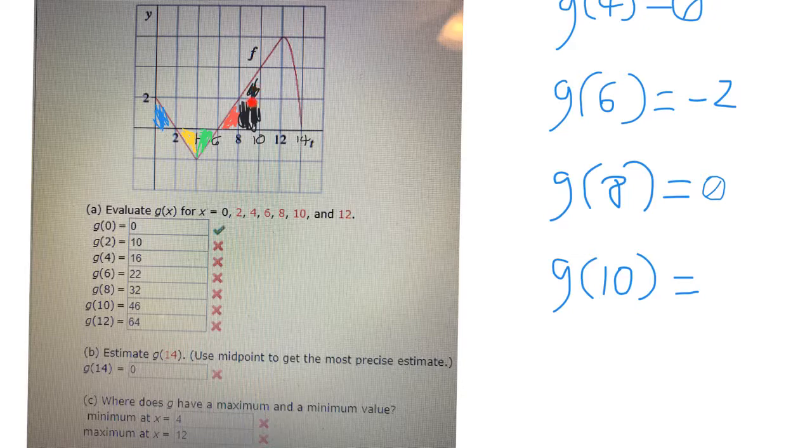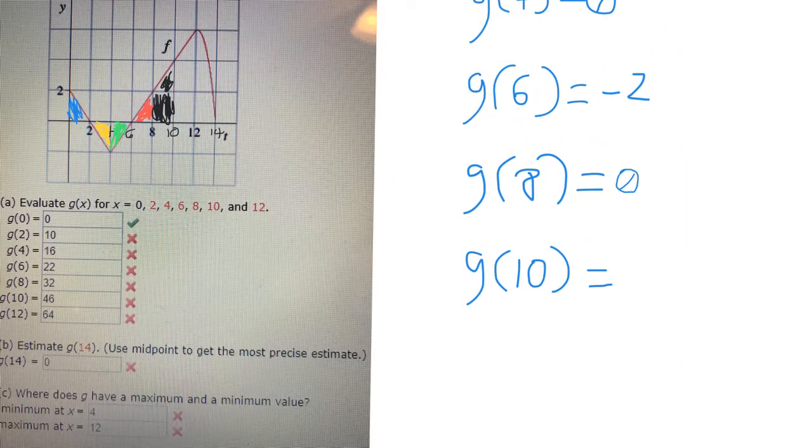This whole black section is 6, on top of what we already have. We already have 0, because all of this stuff canceled. So it's going to be 6 plus 0, which becomes 6.